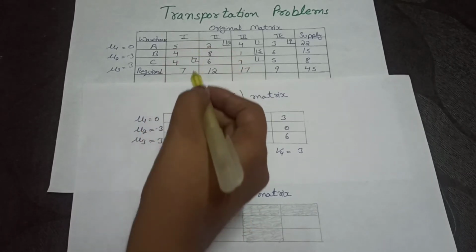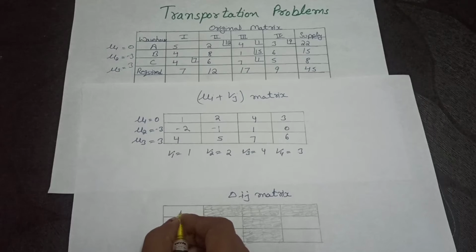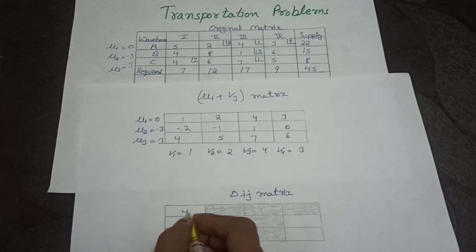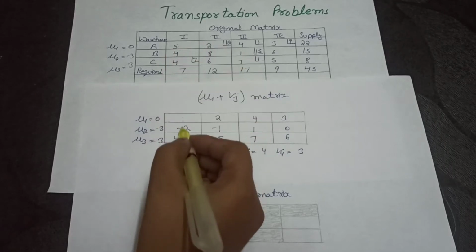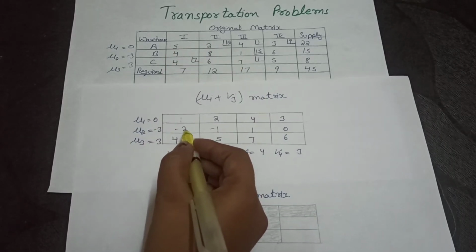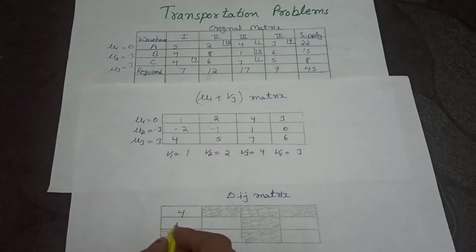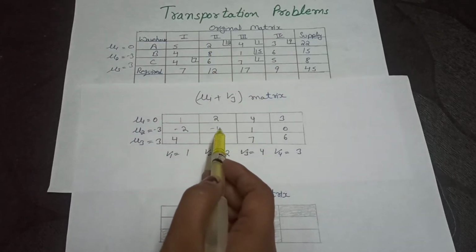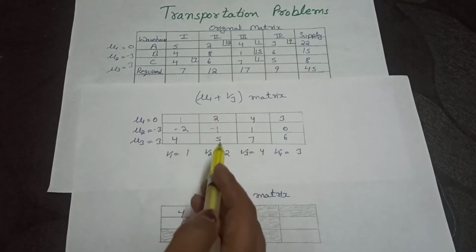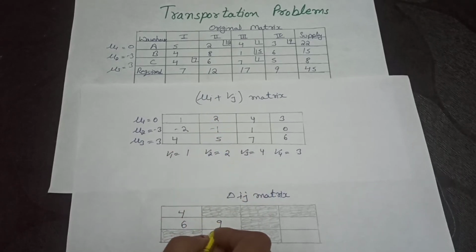So 5 minus 1 is equal to 4. For this cell, we write 4 minus 2, so 4 minus 2 is equal to plus 6. And for this cell, we write the difference of this cell and this cell. So 8 minus 1 is equal to 9.